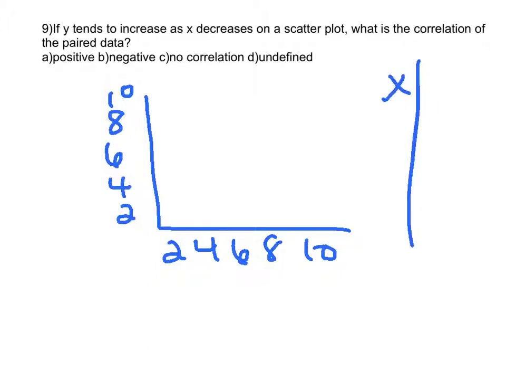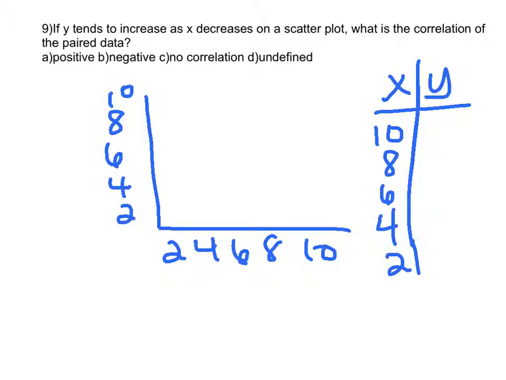So for example, on an xy table, if I said that y increases as x decreases, let's start at 10 with our x, and then 8, 6, 4, 2. Now, as y increases, x decreases.